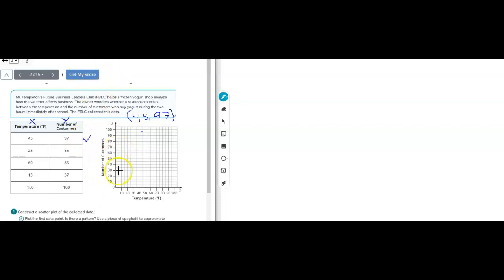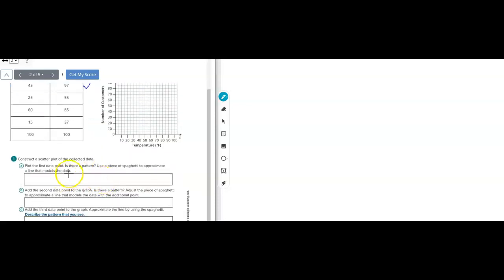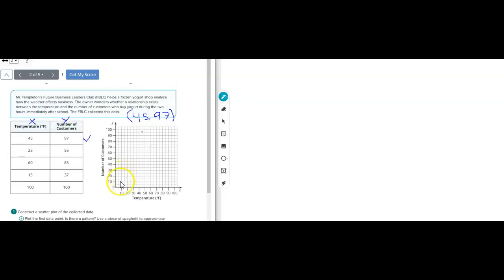And now we're going to go down and answer this reflection question. So the question is, do you see a pattern? And if you had something straight, like a chopstick or a skewer or a pencil or a piece of spaghetti that is not cooked, so it's straight, where would you put a line?